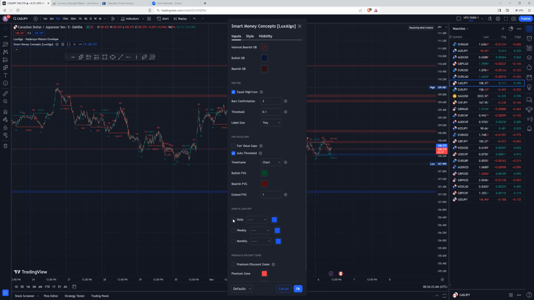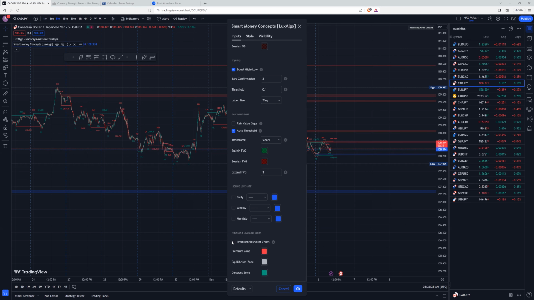High and low, daily high and low. We don't need this, and we might need this. Premium and discount zone, we might need it. Let me just check these ones on just to get extra confirmation, because there are sometimes where the trades will get to the previous weekly or daily or monthly high and low, and you will see a huge reversal.